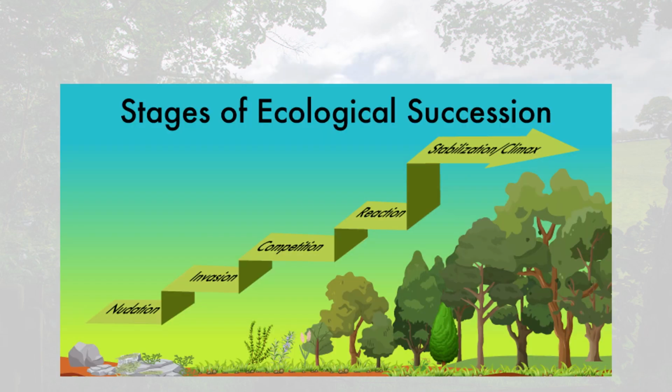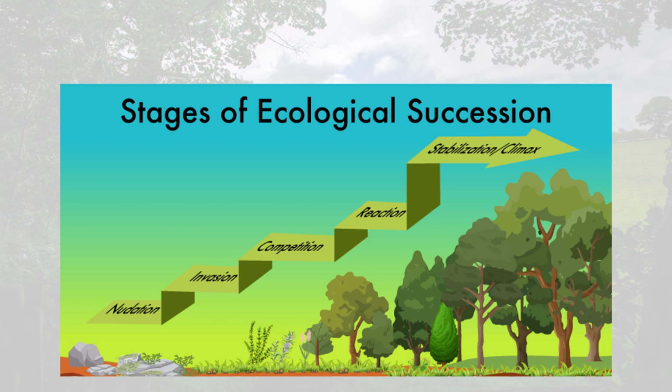Now, this is the pictorial diagram which shows the stages of ecological succession. It starts from nudation, where there is presence of bare land areas, and the next step is invasion, where we show very short plants or algae and their growth. Next is competition, where when there is a healthy population of organisms in that area, the resources become limited, which gives rise to competition.